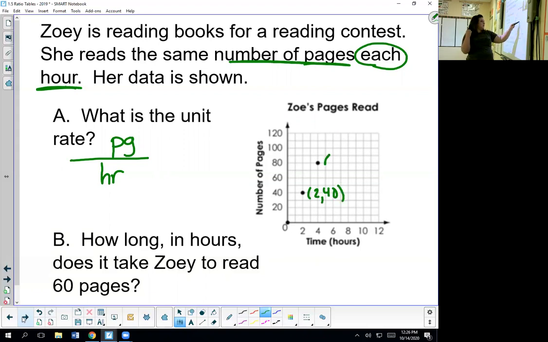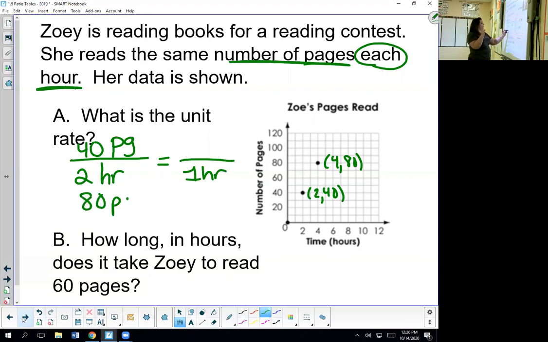This one says 4 hours, she read 80 pages. So we have two of them, they better be the same answer. So 40 pages is in 2. What would she read in 1? That should be the same answer if I do 80 pages in, was it 4 hours?